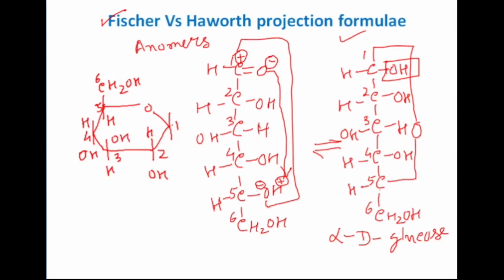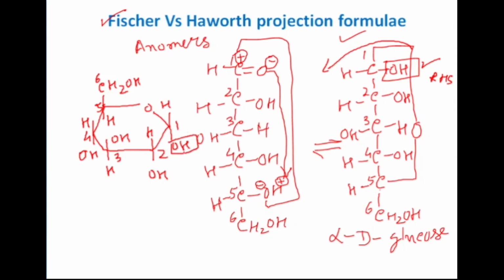Then at the first position, we have to check whether this OH group is on the right hand side or on the left hand side. If the OH group is on the right hand side in the chain at the first position, then it should be on the bottom, and if it is on the left hand side, then you need to draw it at the top.